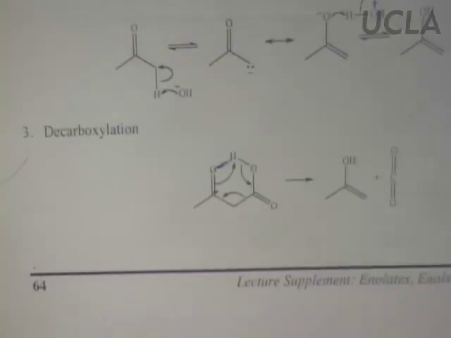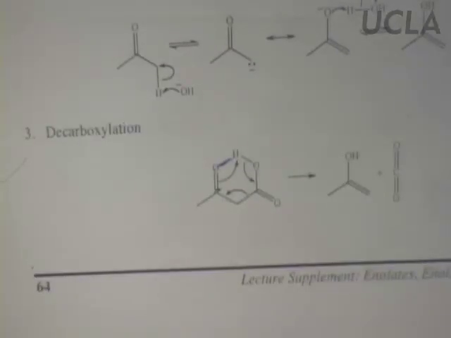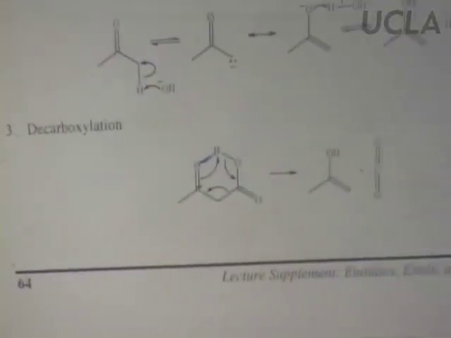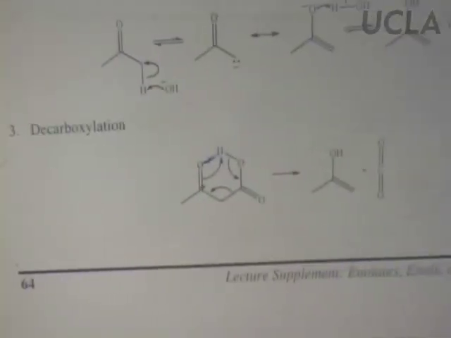Now, one last thing about this. Some people look at this structure and go, oh, I see what that looks like. 6 atoms in a ring, 6 electrons moving around. What does that look like? It looks like a benzene ring. But it's not aromatic. Unfortunately, some textbooks say this, and it's wrong. They say, oh, this is easy to do because it's got an aromatic transition state.